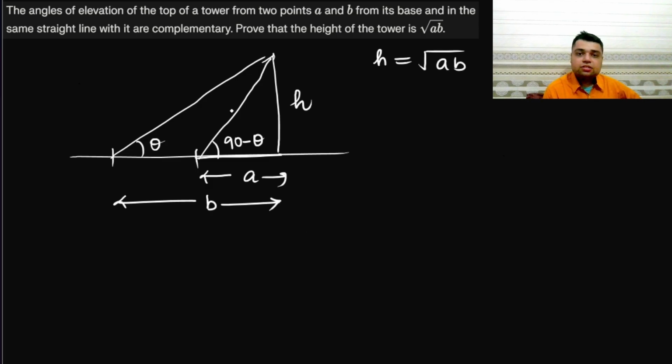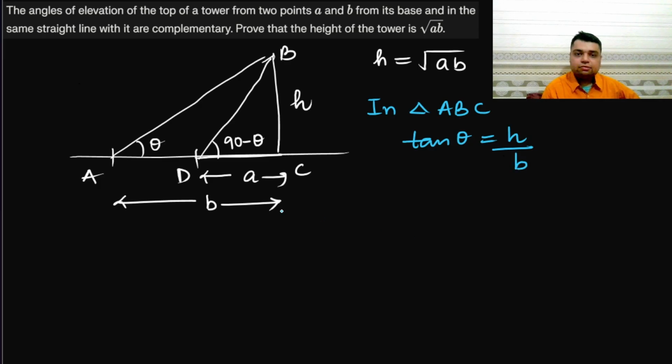Now let's first find the value of this. So A, B, C, D. So I am talking about in triangle ABC, tan theta is equal to H upon B, right? Perpendicular upon base, right?